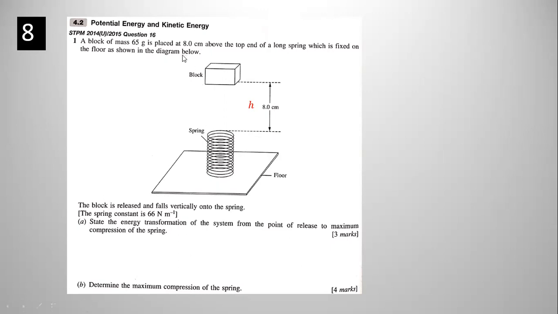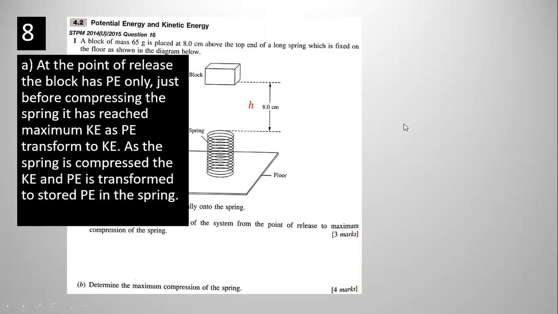Okay, this is unstretched, so it will have potential energy initially, and then as it falls, potential energy is converted to kinetic energy. As the spring is compressed, the kinetic energy is converted to energy stored in the spring. So at point of release, the block has potential energy only.